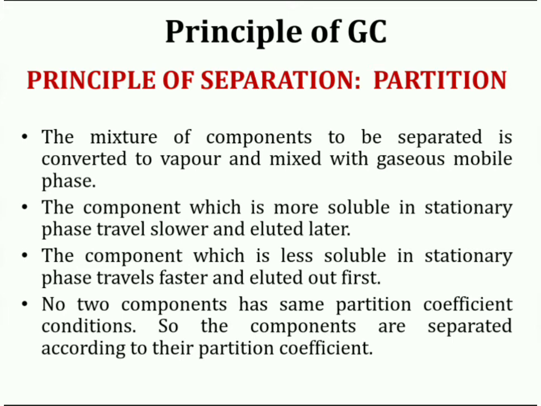Now because no two components have the same partition coefficient, they are separated according to their partition coefficient. Partition coefficient denotes the ratio of solubility of a substance distributed between two immiscible liquids at a constant temperature.